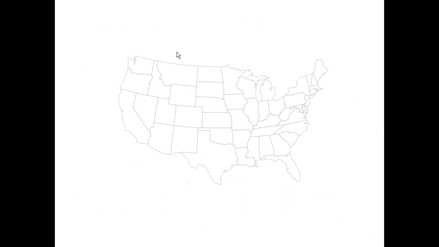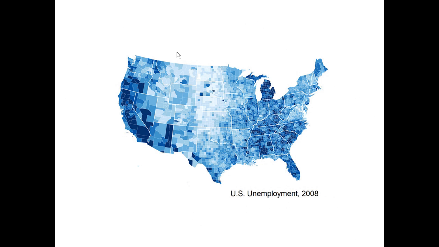So this is our base map. This is US unemployment at the county level. And what's missing here is a legend which indicates what darkness of blue in this case represents what severity in unemployment.